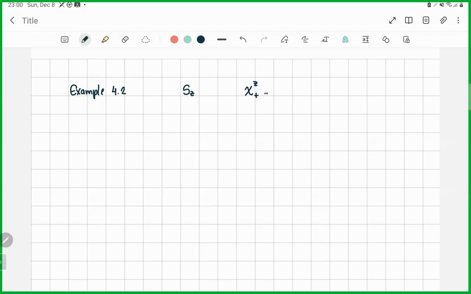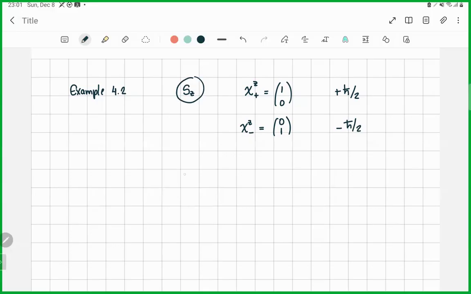So this is the vector (1, 0), and the eigenvalue of this vector is plus h bar over 2. And the other eigenvector is this chi minus, which is the vector (0, 1), with eigenvalue minus h bar over 2. Okay, so this is for the SZ operator.